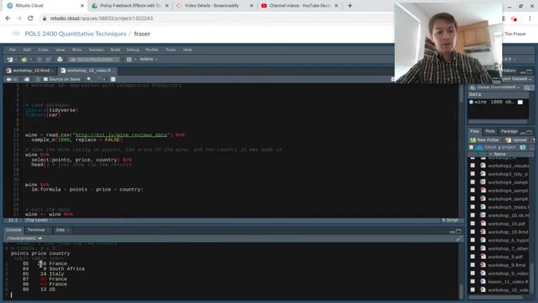The price is in US dollars. This is the country where the wine is from. So you can kind of see where this is going. Do wines that are more expensive get rated better? Or do wines that are from certain countries get rated better?